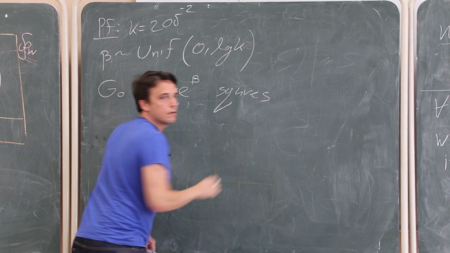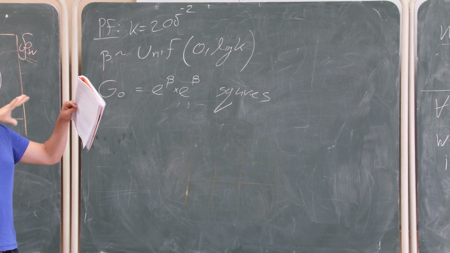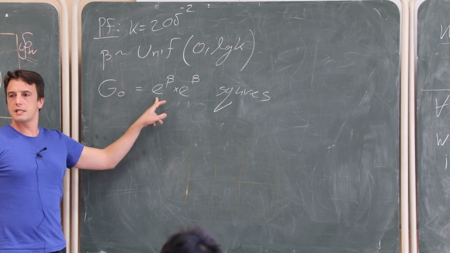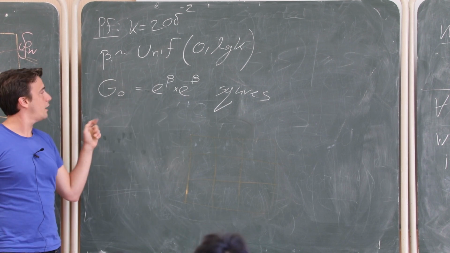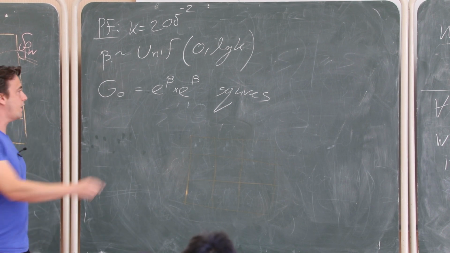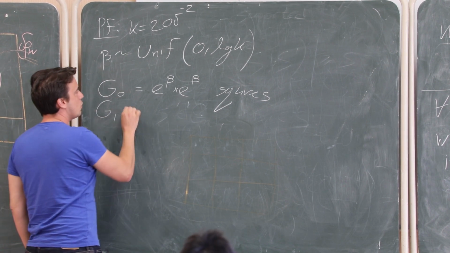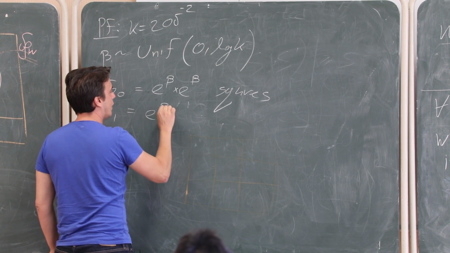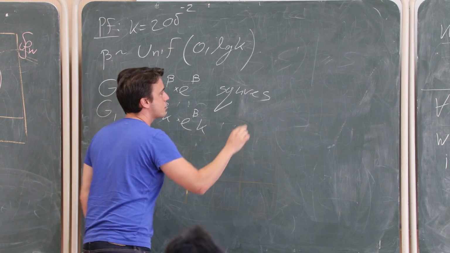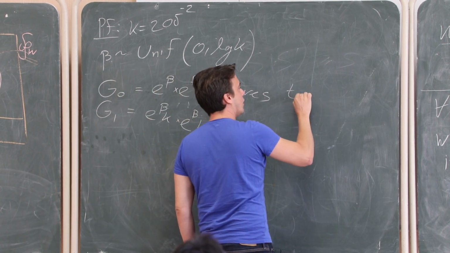So this is a tiling of all the plane with squares with this side length. This is a random side length, and this is g0, and then I continue from there, defining g1, which has e to the beta times k as the side length of each square, squares tiling R2.